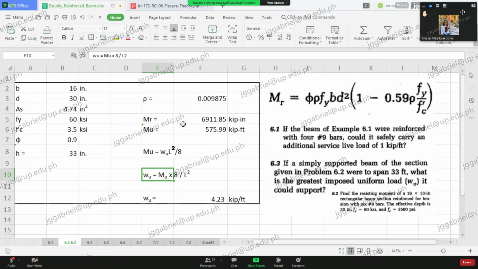This one was mentioned as uniform load, WU. So the formula is different for a concentrated load. Okay, thank you, sir.